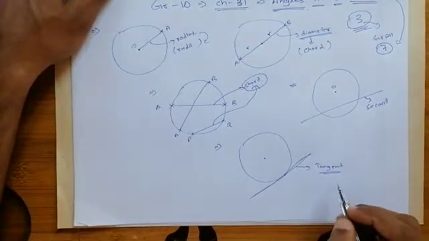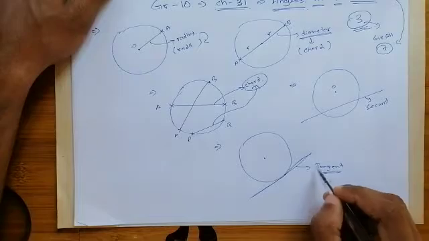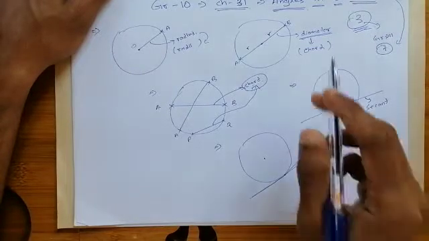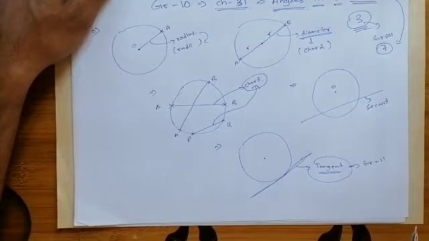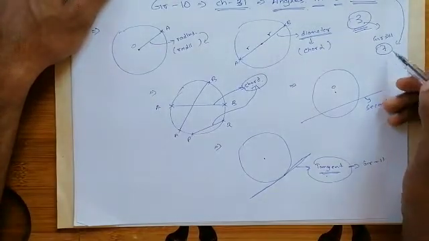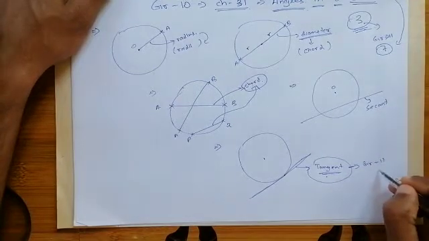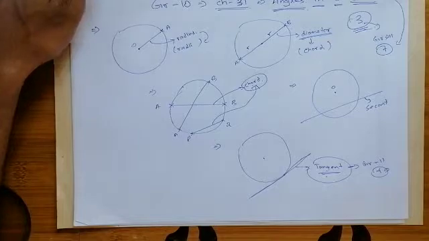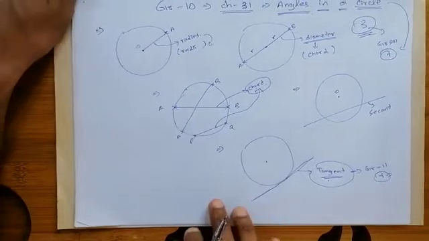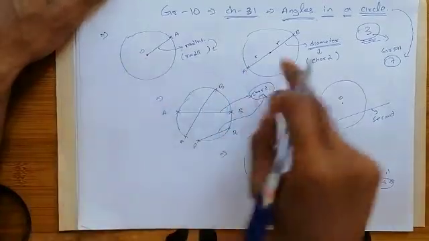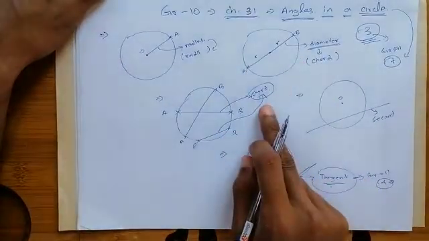Remember the names. The tangents are your grade 11 theories related to angles in circle. We are going to study tangents in grade 11. You have four or five geometrical theories related to tangents. Here you need to remember the radius, diameter and chord.